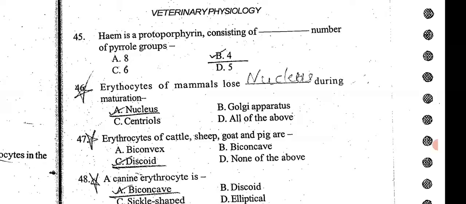Within the bone marrow, the precursors of the red blood cells are nucleated, but at maturation they do not have a nucleus. If any red blood cell has a nuclear remnant, it is called a Howell-Jolly body.